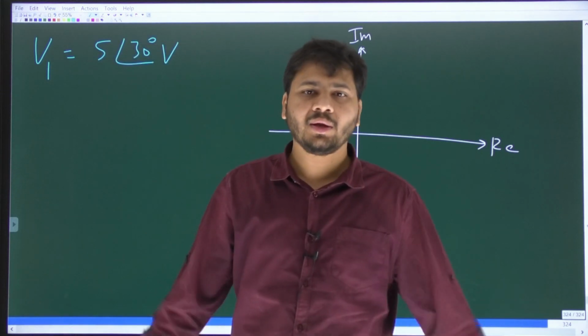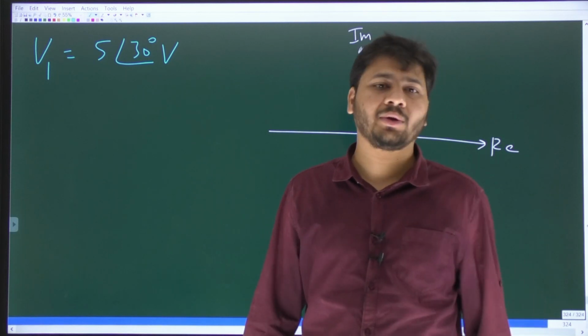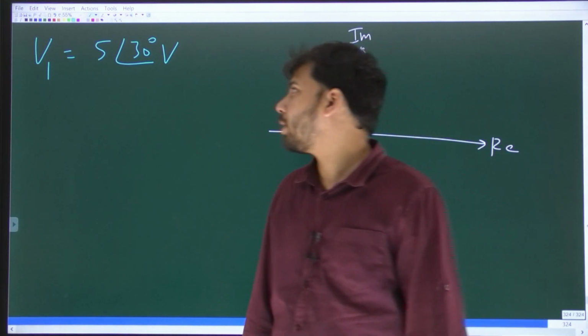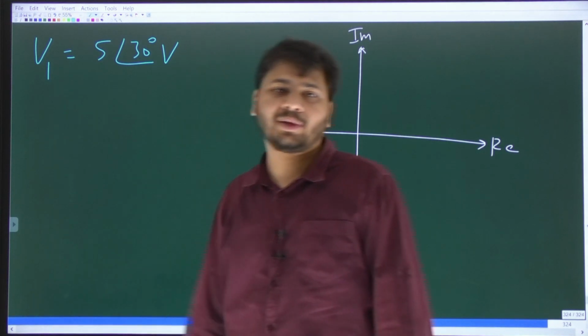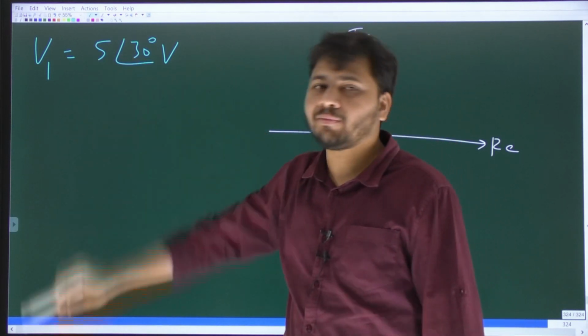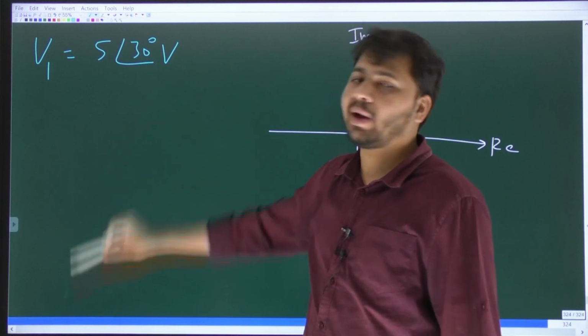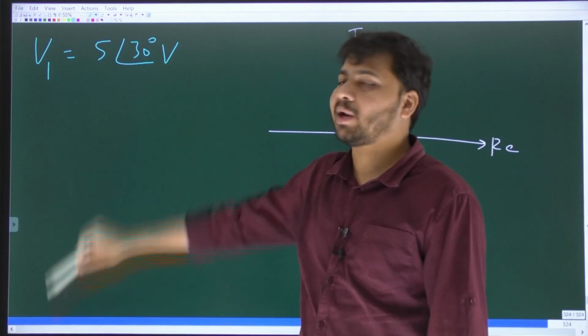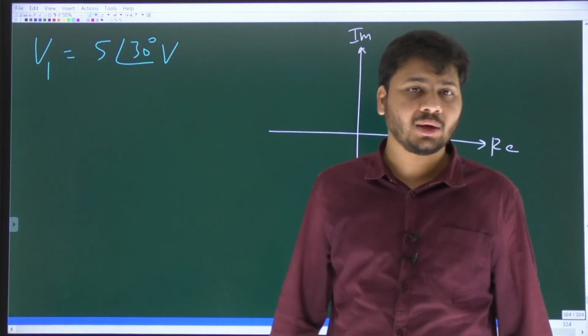Phasor voltage will be in units of volts. Phasor current will be in units of amperes. If I write 5 angle 30 degrees volts RMS, then that 5 volts is the RMS value of the voltage. But if I simply write 5 angle 30 degrees volts, then this 5 volts is the amplitude of the sinusoidal voltage.